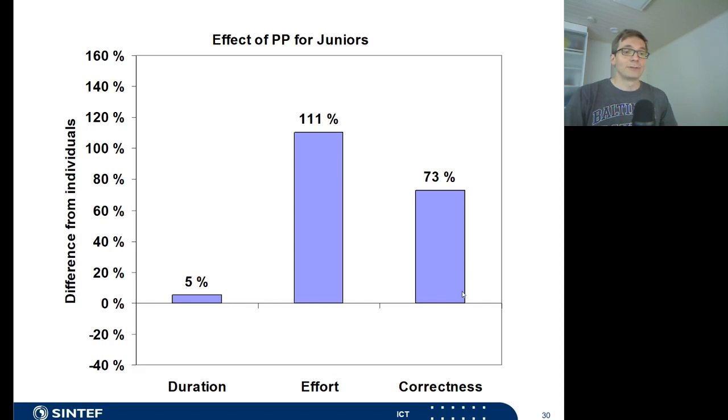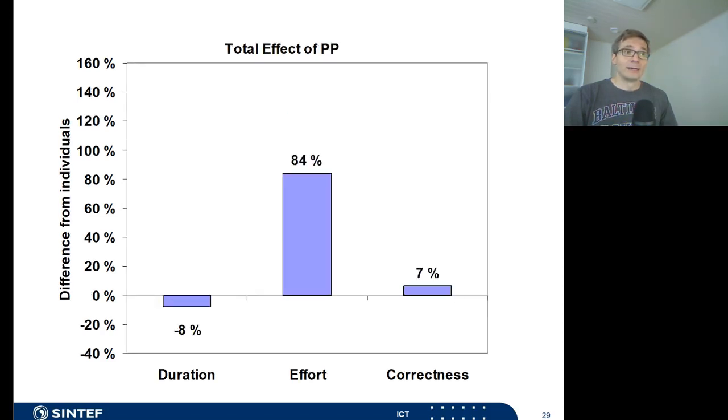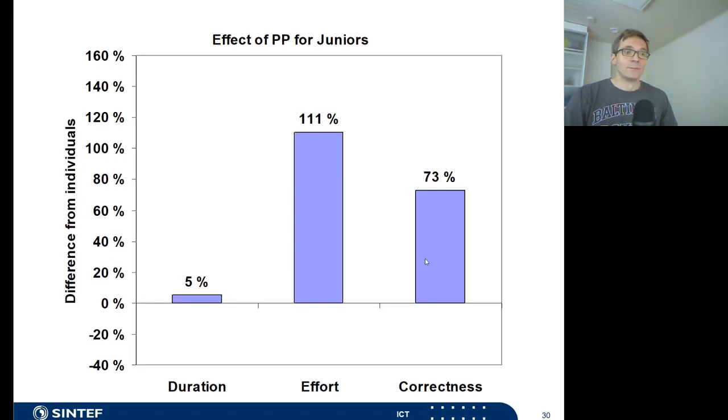But in comparison to the average, we can see that the correctness for juniors was improved 73%, whereas in total the correctness was only improved by 7%. So, for juniors, when pair programming, they spent even more effort and had higher duration. However, the correctness was vastly improved.